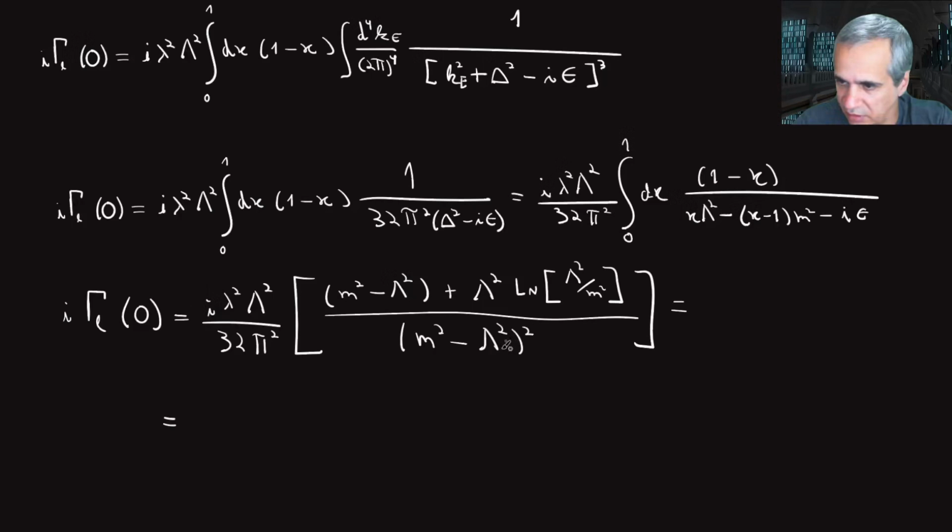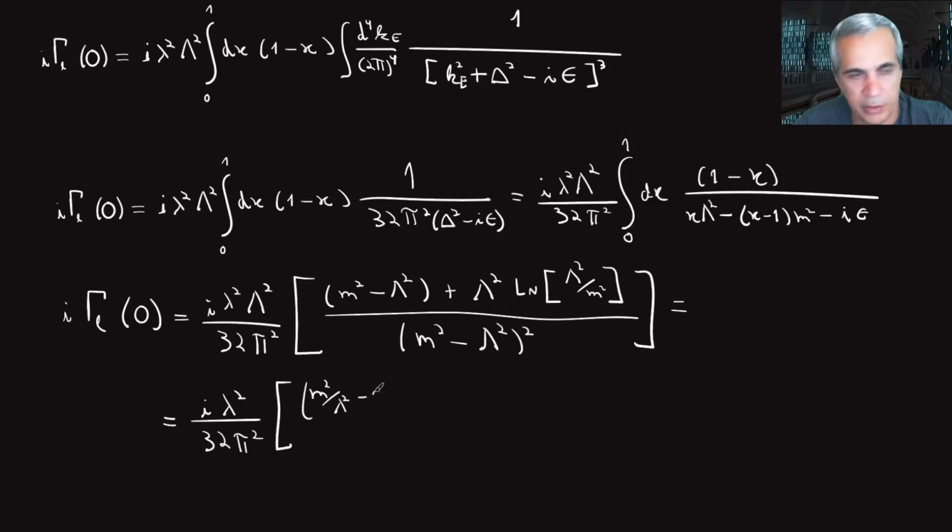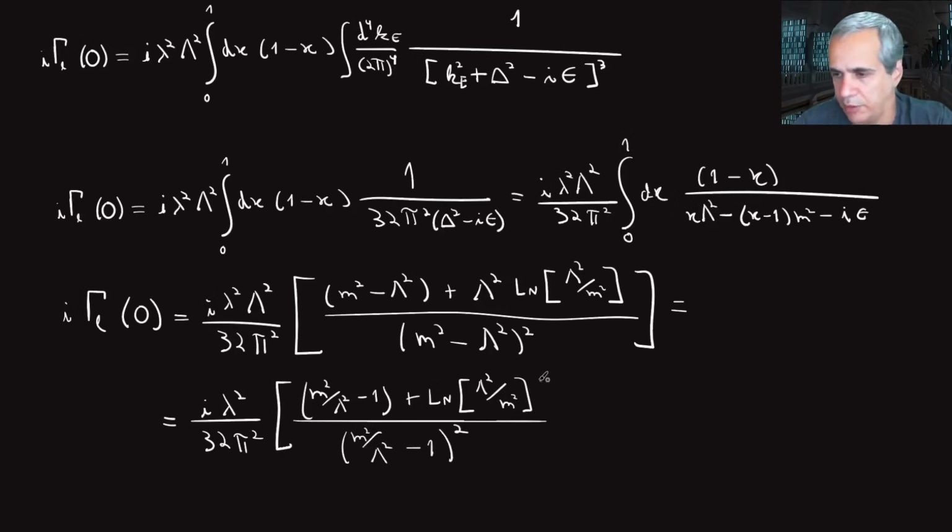I just take all these lambdas out and do a cancellation with this one, cancel with this one. This will be 32 pi square times now m square over lambda square minus 1 plus the log of lambda square over m square, over, again, m square over lambda square minus 1 square.